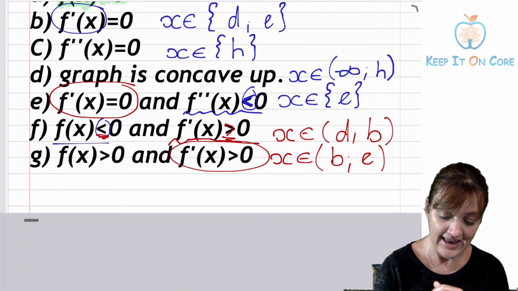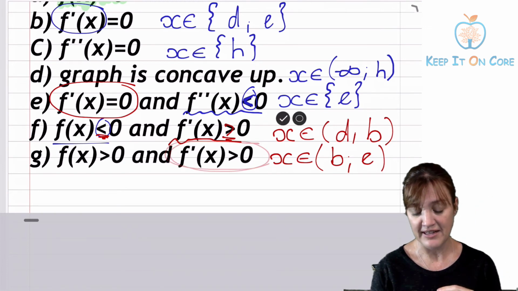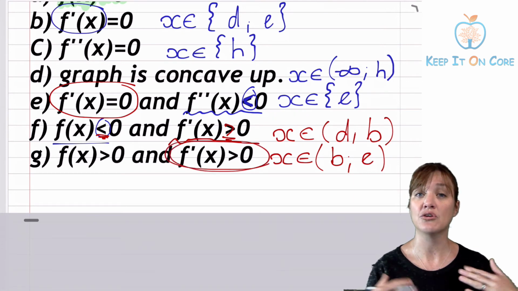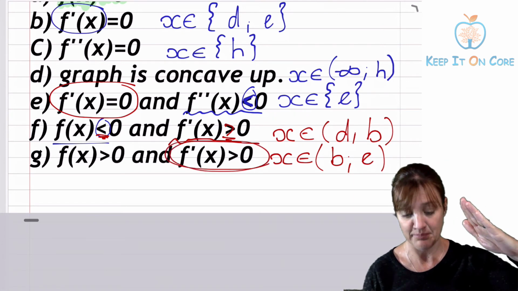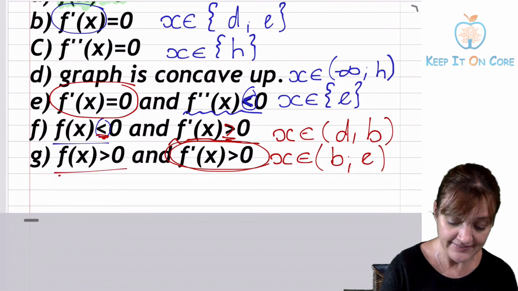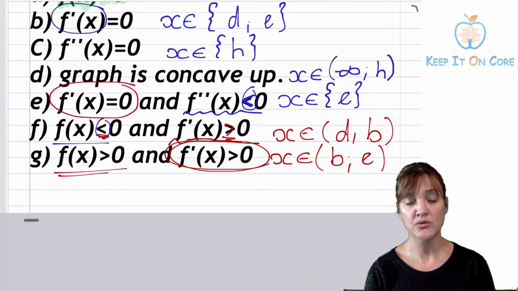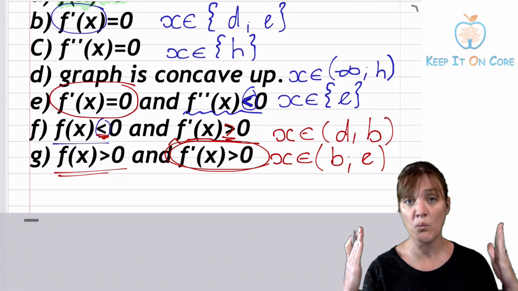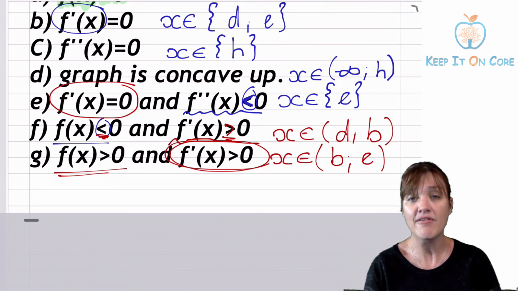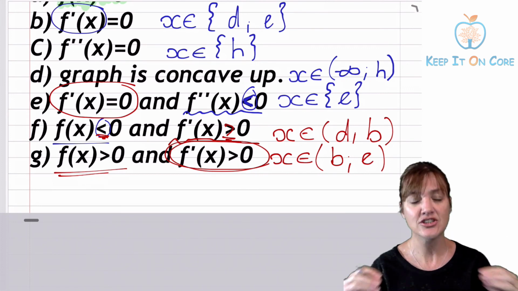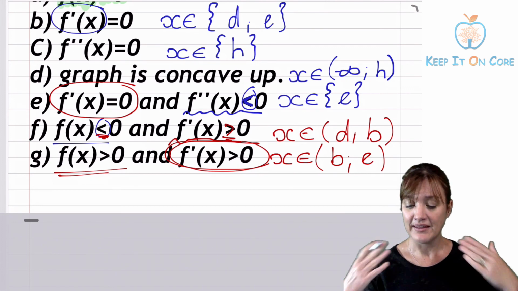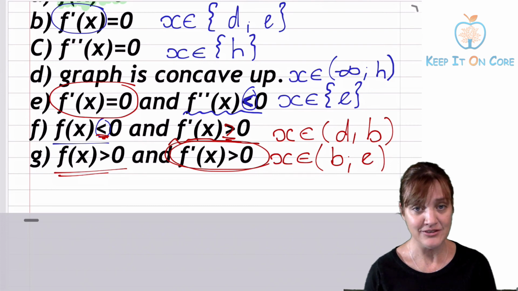If we're saying the derivative of x is greater than naught, we're talking about the gradient of the tangent being positive. The gradient of your tangent's pointing up, okay? If just f of x is greater than naught, well, just f of x means y. So then where are the y values greater than naught? Do you see that? If you understand each of those notations, then that makes it relatively easy to interpret.